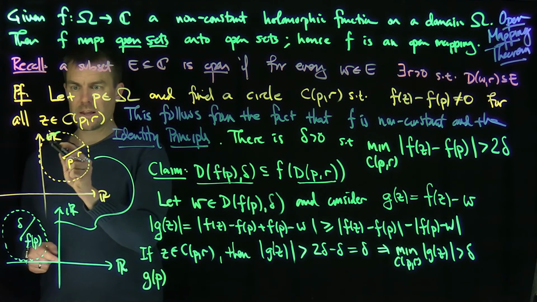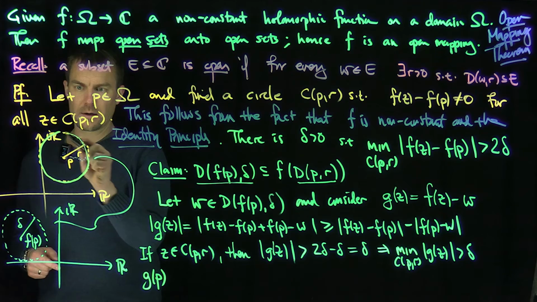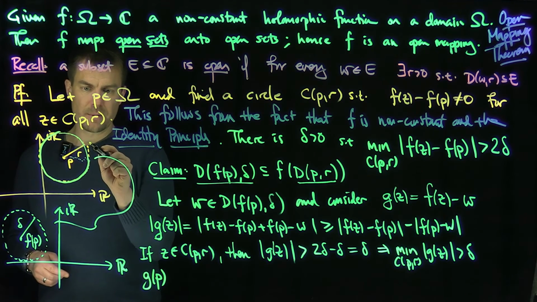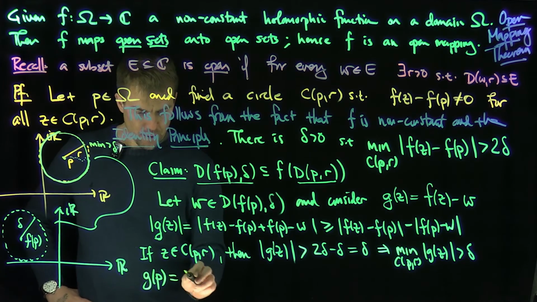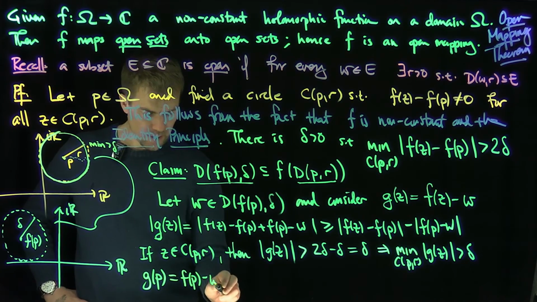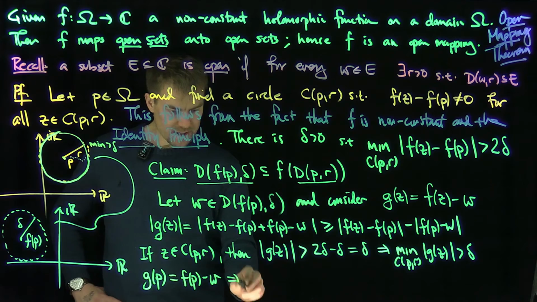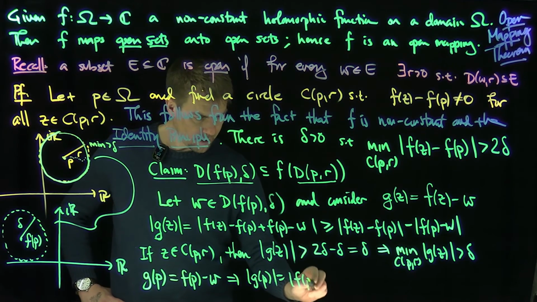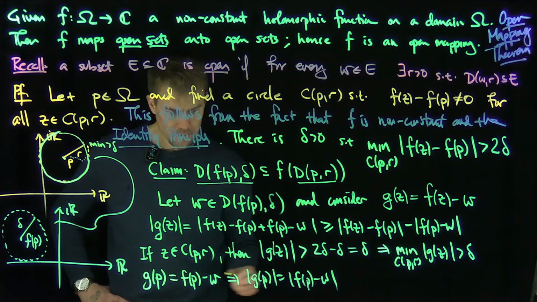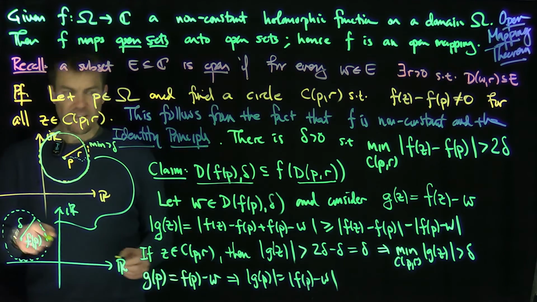In other words, the minimum of g on this circle over here is bigger than delta. But g(p) is equal to f(p) minus w, right? So that implies that the modulus of g(p) is equal to the modulus of f(p) minus w, right? But what's f(p) minus w?